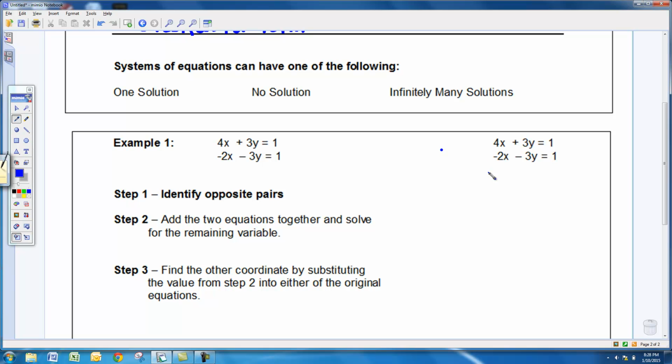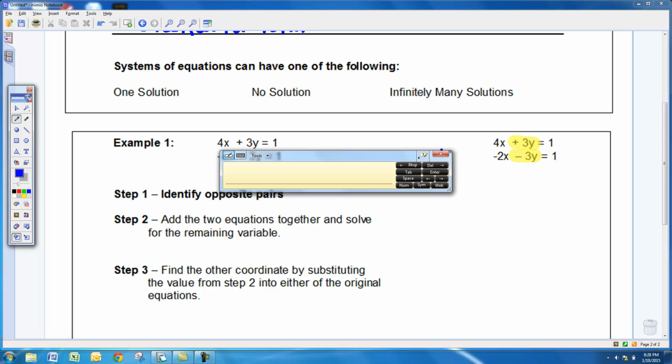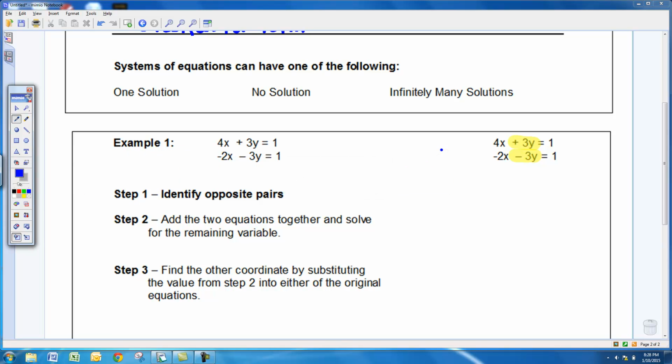If we look in this equation here, we can see that we have a positive 3y and a negative 3y. So if we were to add these two equations together, the positive 3y and the negative 3y would cancel each other out.